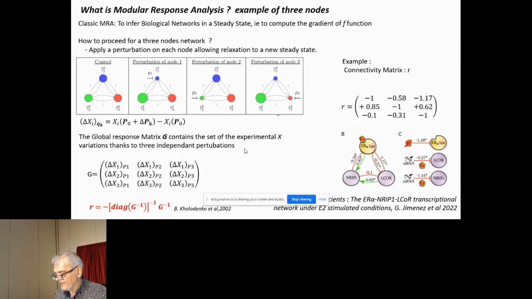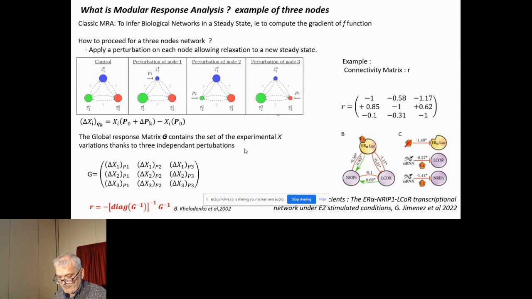How to proceed for a 3 nodes network, for example. We consider the baseline as a control state, and we apply 3 independent perturbations, P1, P2, P3, on each node of the network, allowing a relaxation to a new steady state. For example, we inhibit the activity of node 1, and we measure the variation of the activity of the other nodes.